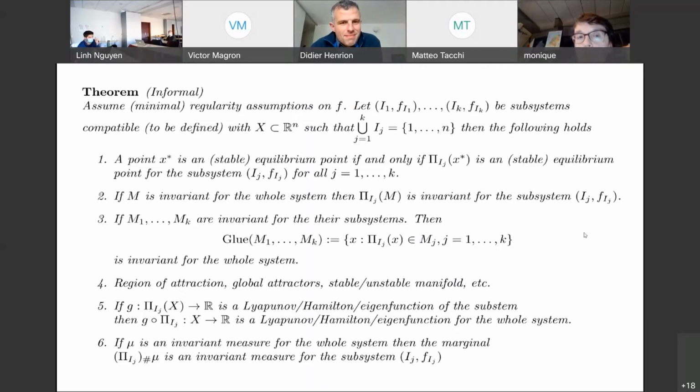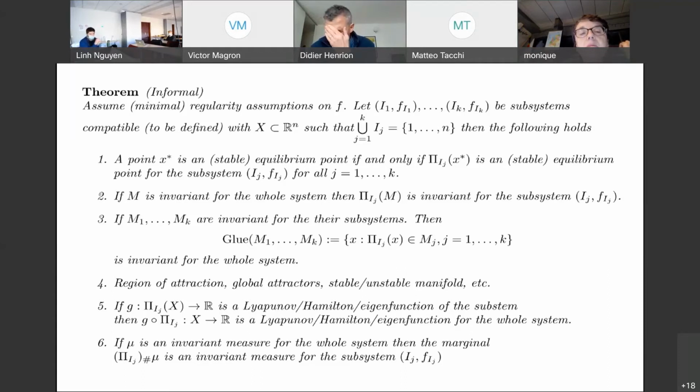Yeah. They have to be compatible with some constraint set X here. I skipped this because I think it would have made it just a bit more technical. This constraint set X arises from applications when you want your dynamical system to live on a certain subset of Rn.